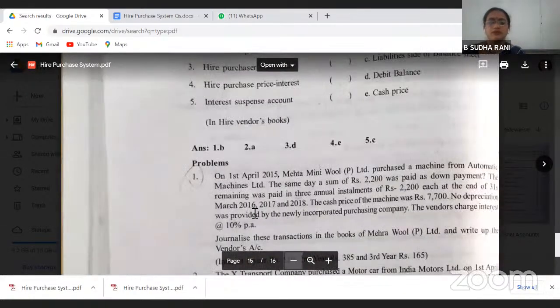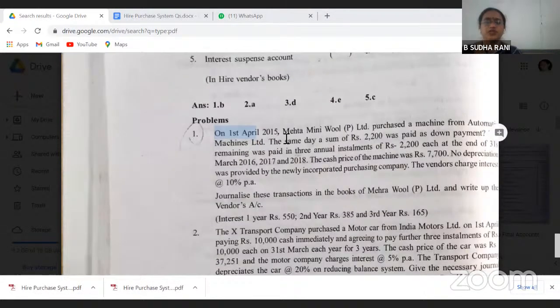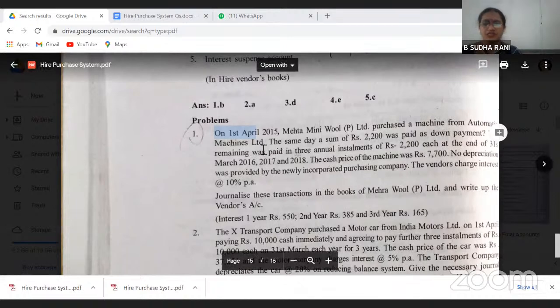Please look at this question. On 1st April 2015, Mehta Mini Wool Private Limited purchased a machine from Automotive Machines Limited.